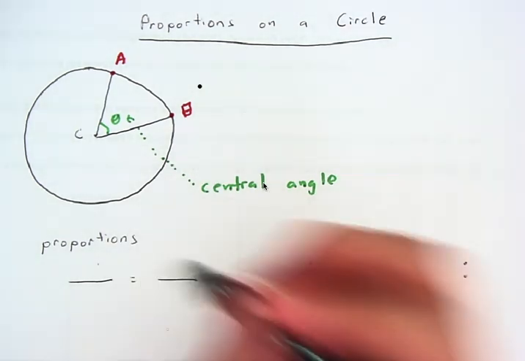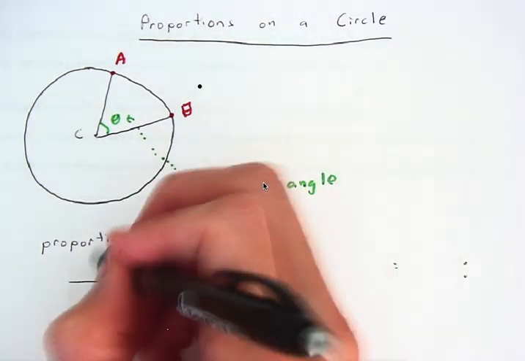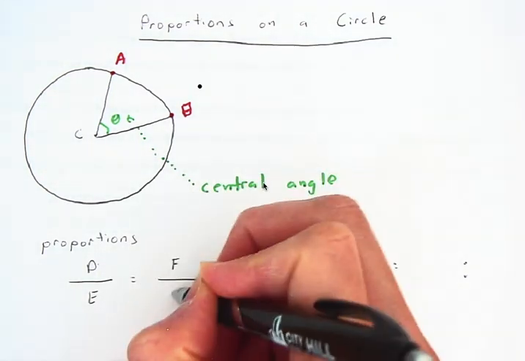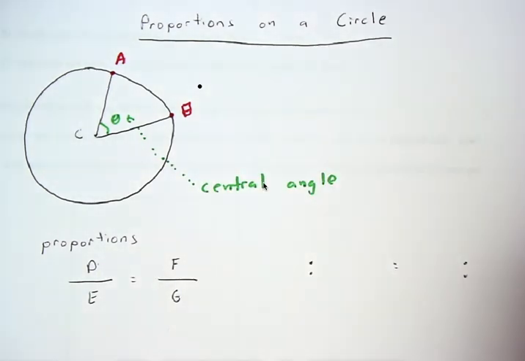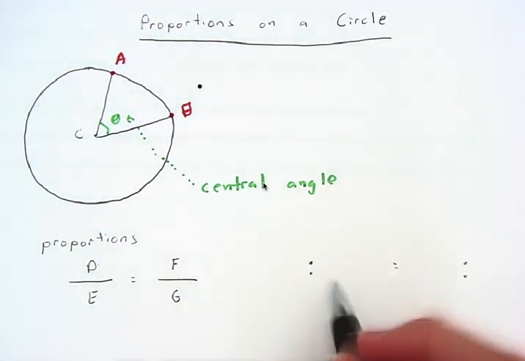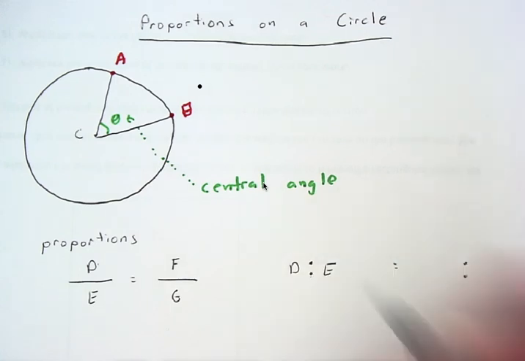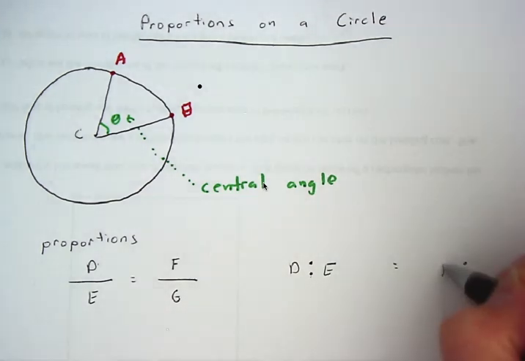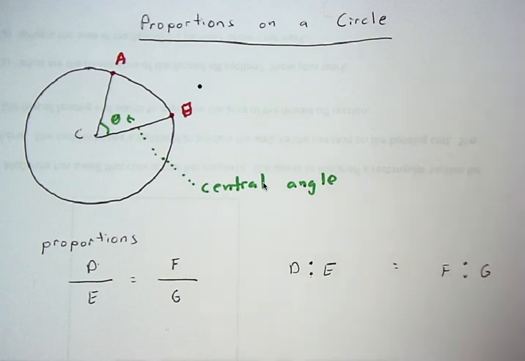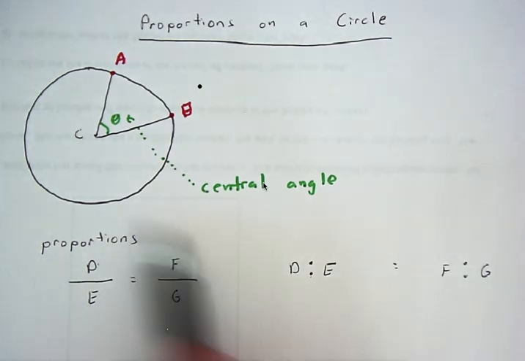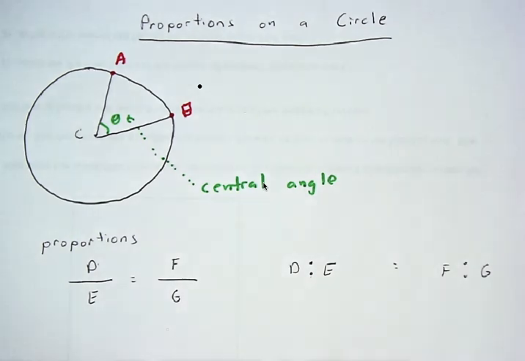So the ratio of maybe D to E will equal the ratio of F to G, or if you wanted to write it in this sort of notation with the double dots, D to E equals F to G. So this is what we mean by proportions. I'm going to write it personally in this notation over here.